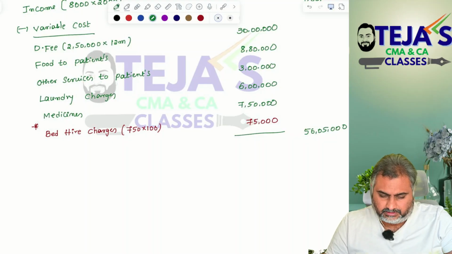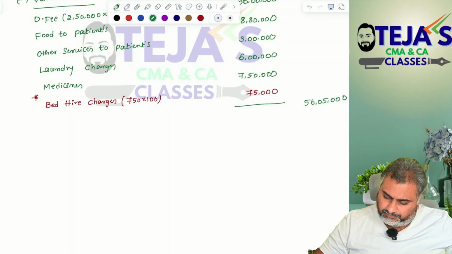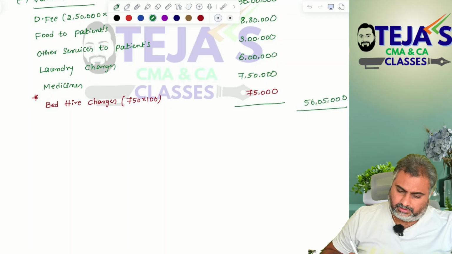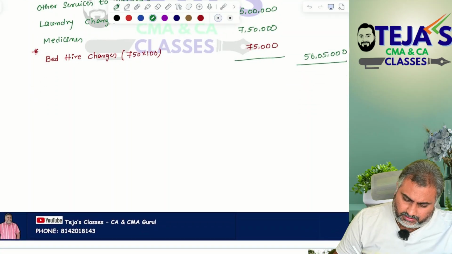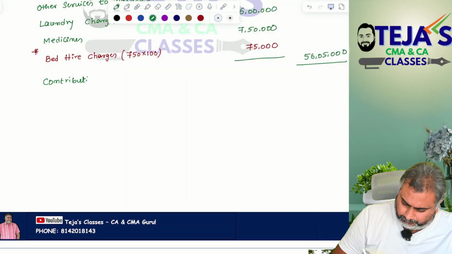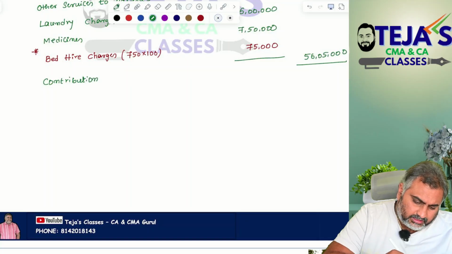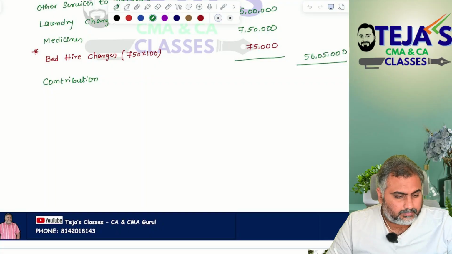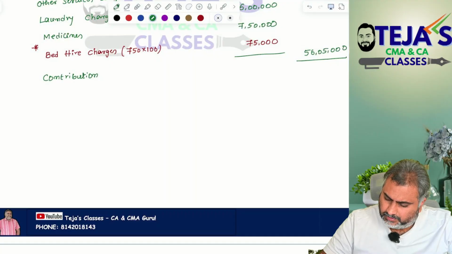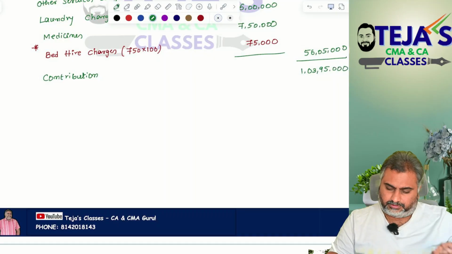So now if you deduct this from your sales revenue, you are going to get your contribution. That is equal to 1,03,95,000. We are getting this as my contribution.